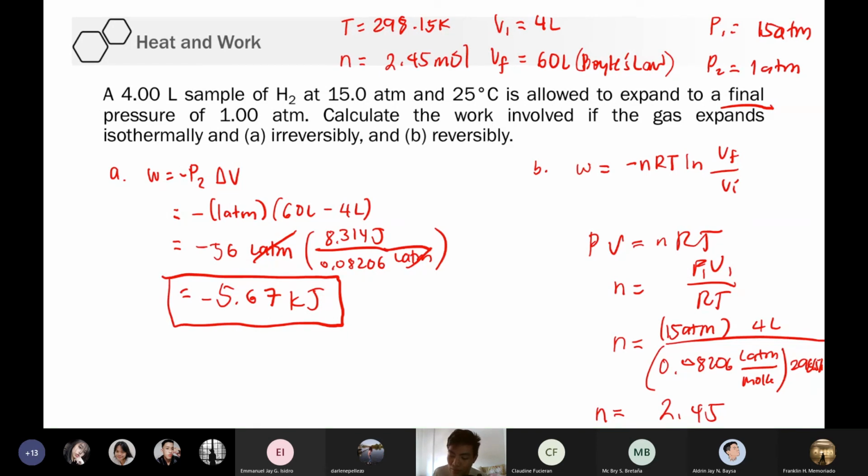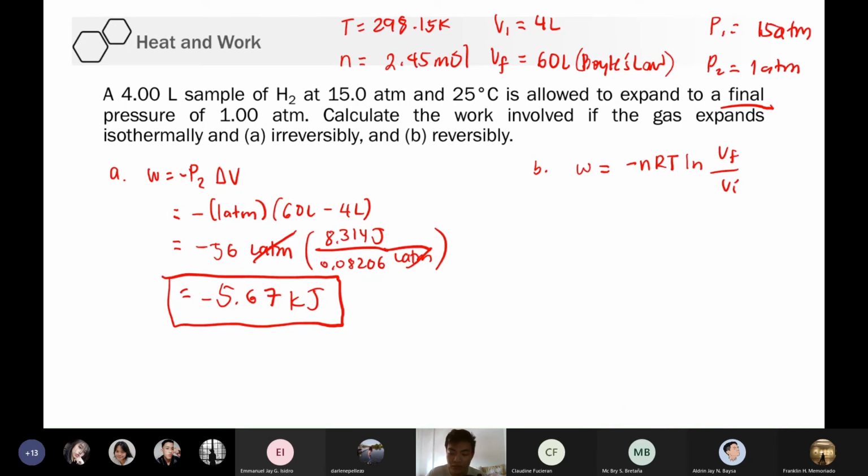So that's 2.45 moles using the ideal gas equation. Don't forget those. Kapag may nakita kayong gas, gamitin ang ideal gas equation. Huwag manghinayang sa equation.